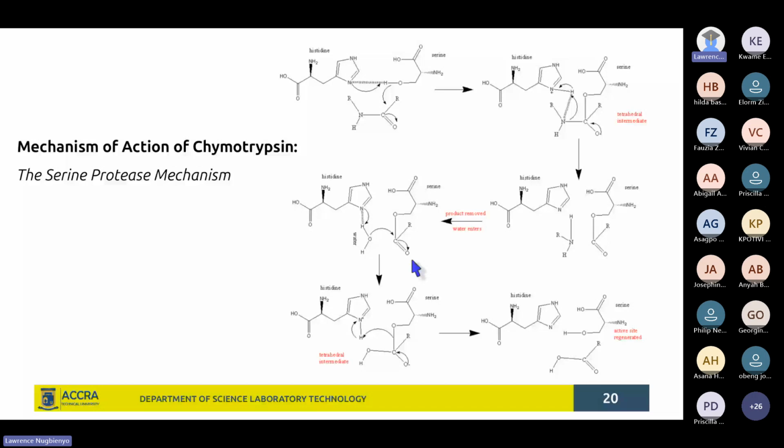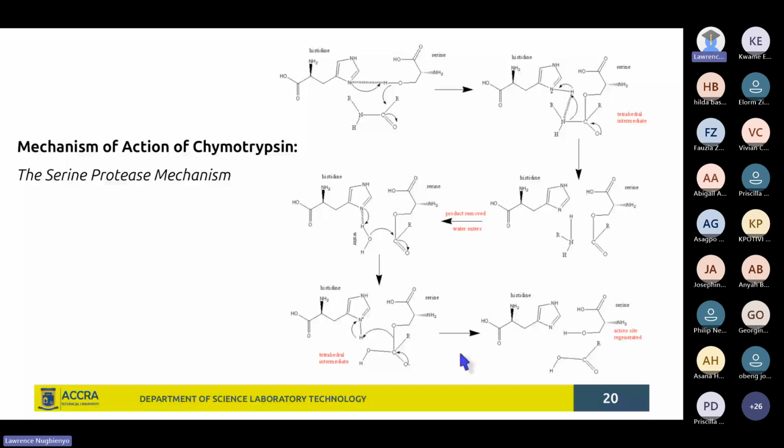Eventually, the proton is transferred onto the nitrogen, and you also see the hydroxyl group binding onto that carbon, which is the C terminus of the second amino acid.